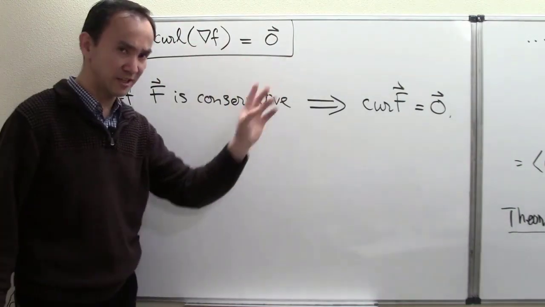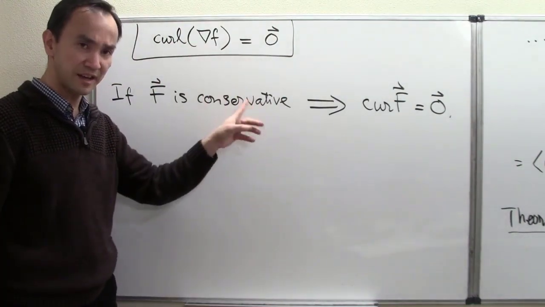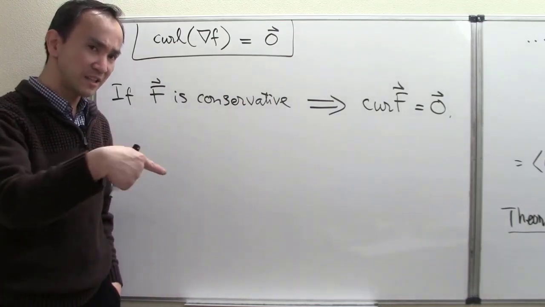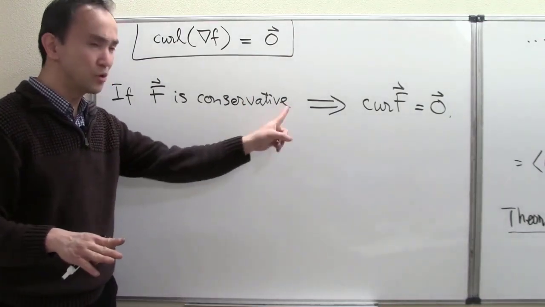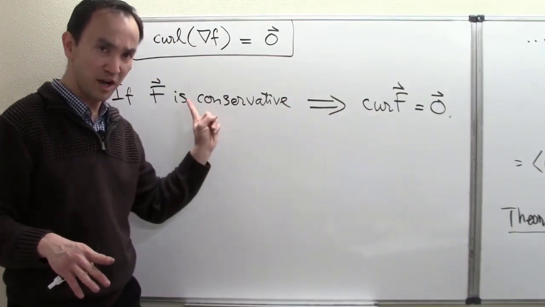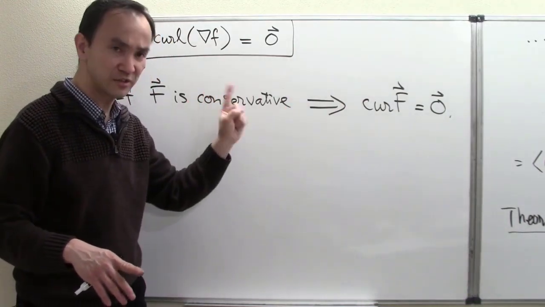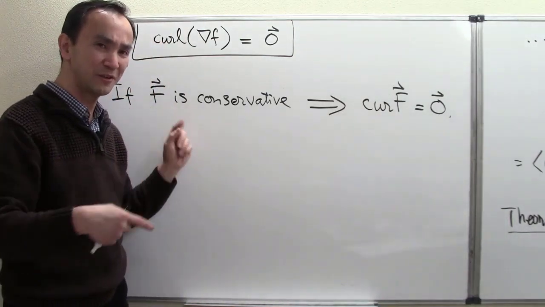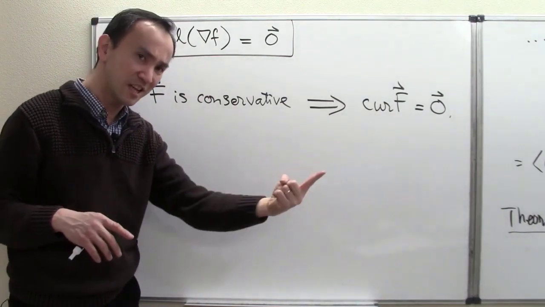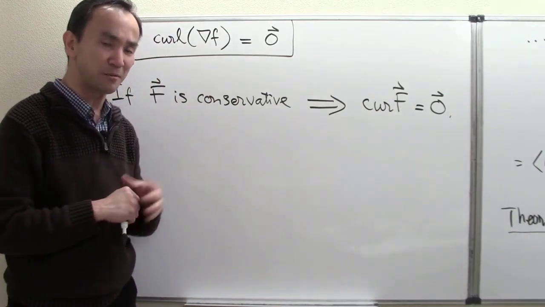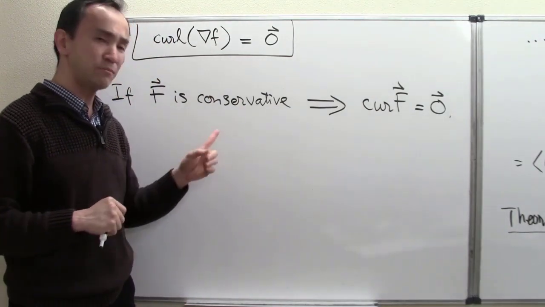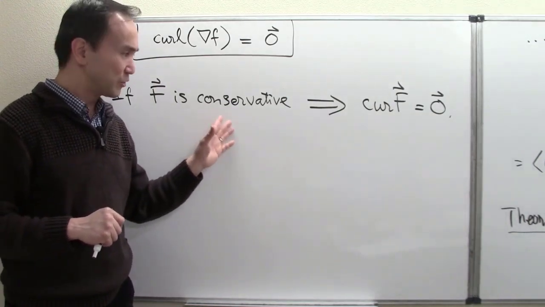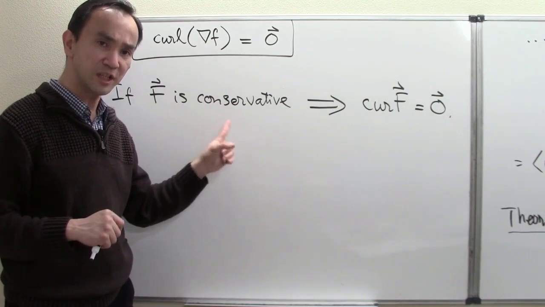So that's another way of understanding this theorem, written down as a worded statement. But sadly, we cannot rashly use this in the converse way, to say that if curl equals 0, then the vector field is conservative. In an earlier lesson, I talked about what it means to be a conservative vector field, and we came up with different kinds of tests for conservative fields.